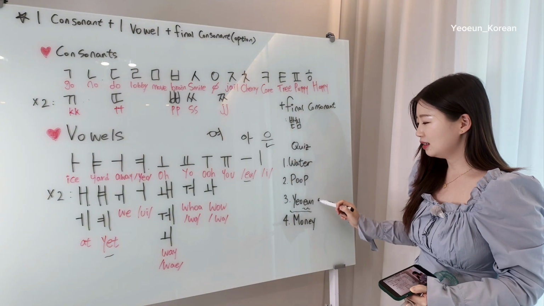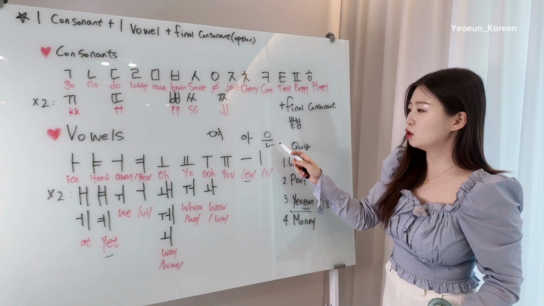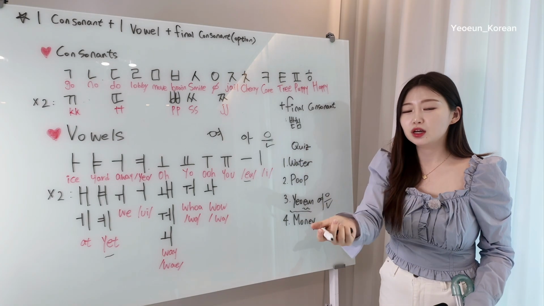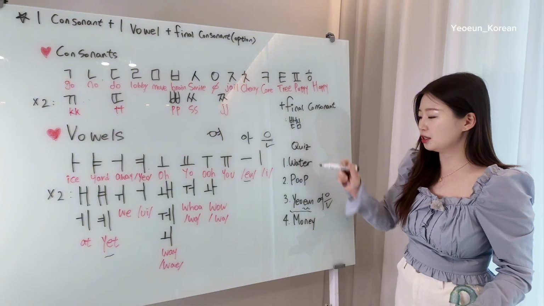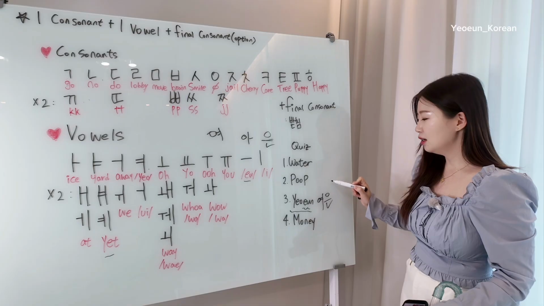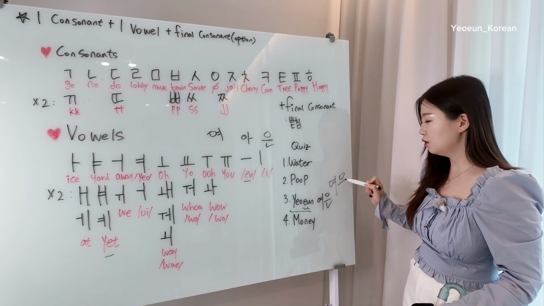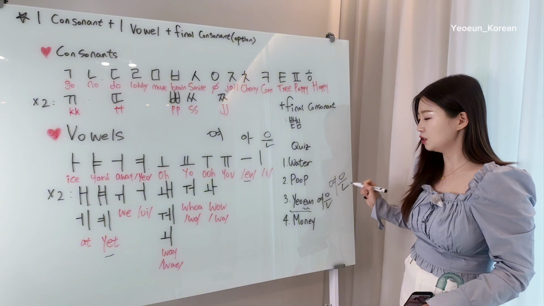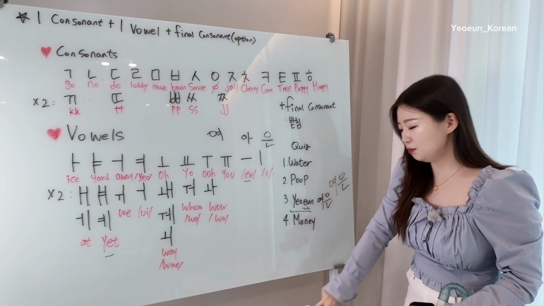So it will become 여, un. I just wrote the vowel first to help you understand that, but actually you need to always write the consonant first, right? Consonant first and then vowel. Consonant first, vowel, and then the final consonant down here. Okay?